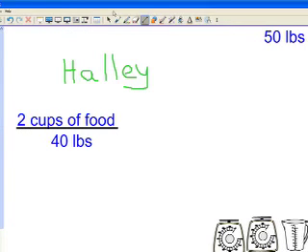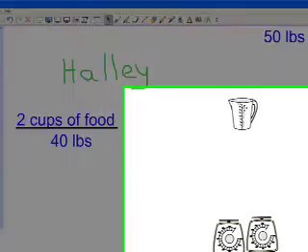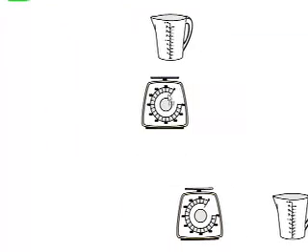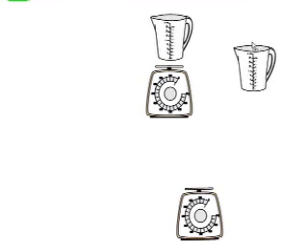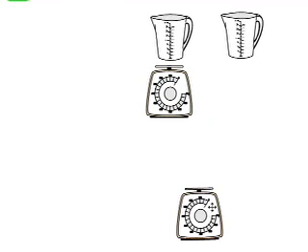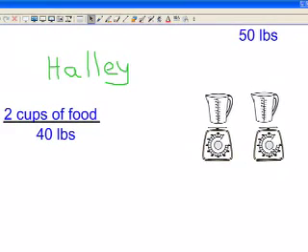Because I want to keep my cups of food over my pounds. So I'm going to keep cups of food on this side over my pounds. So my pounds is going to come down here on the bottom of this side.